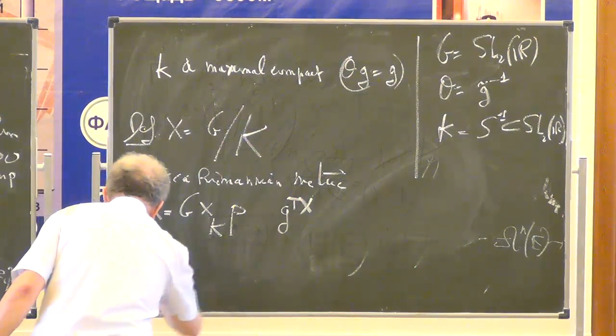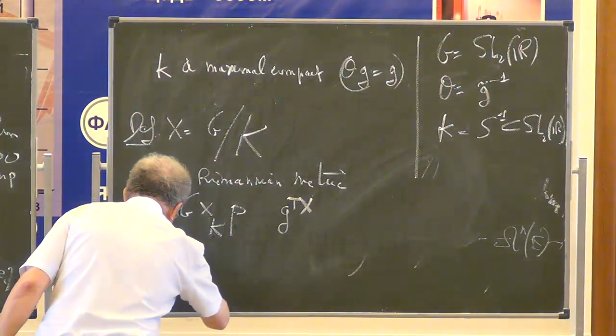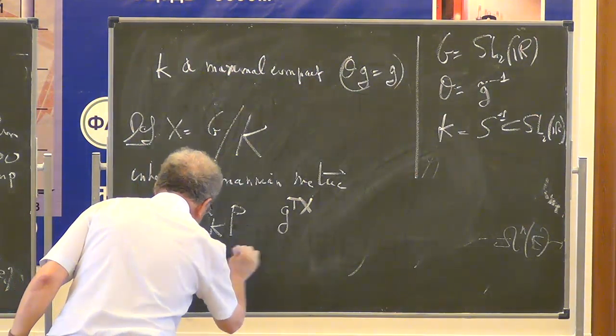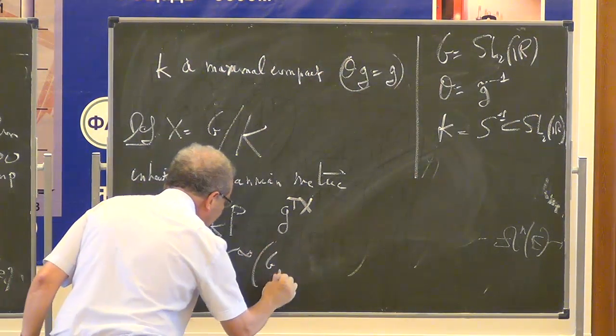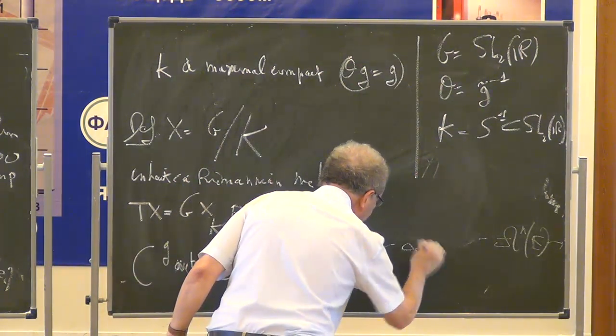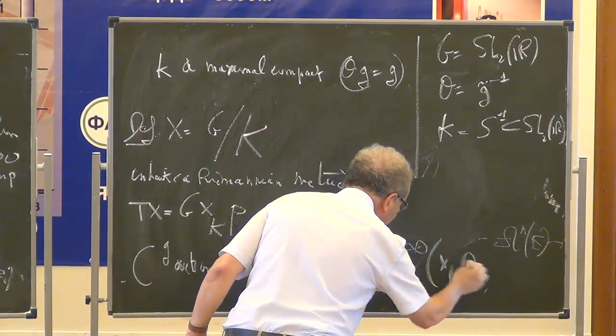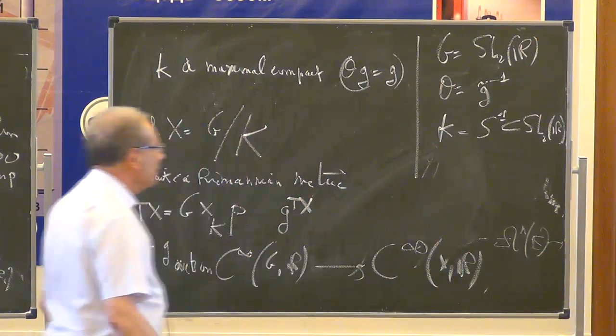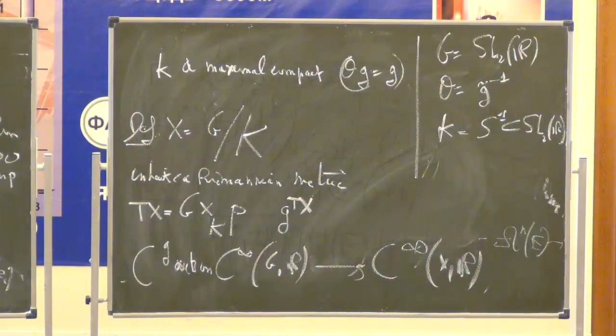Now, the Casimir operator, as I said, acts on C infinity of G, R, and by pullback, it induces an action on C infinity of X, R. If you have a smooth function on X, it lifts to a smooth function on G, and so you can have the Casimir acting.